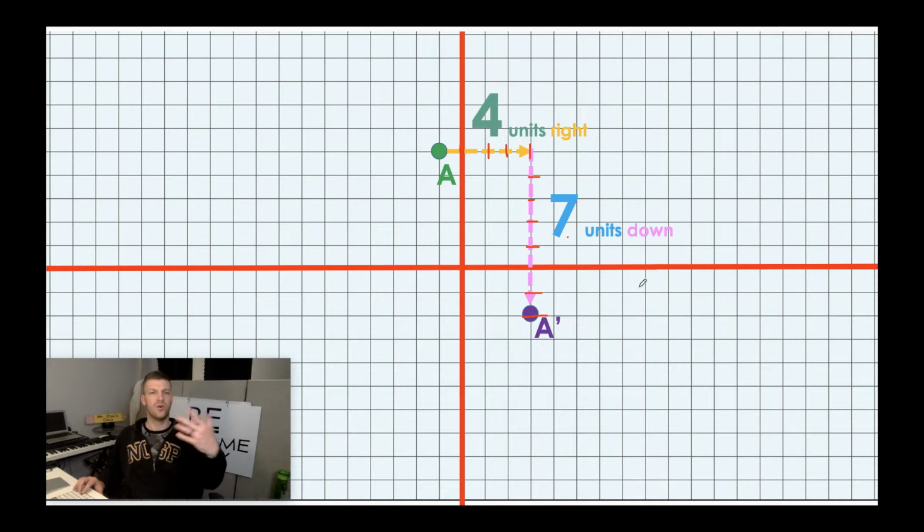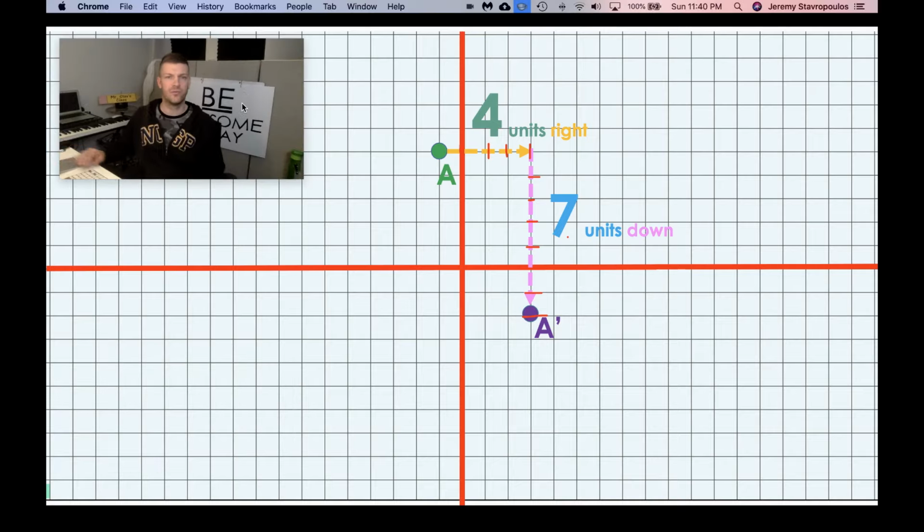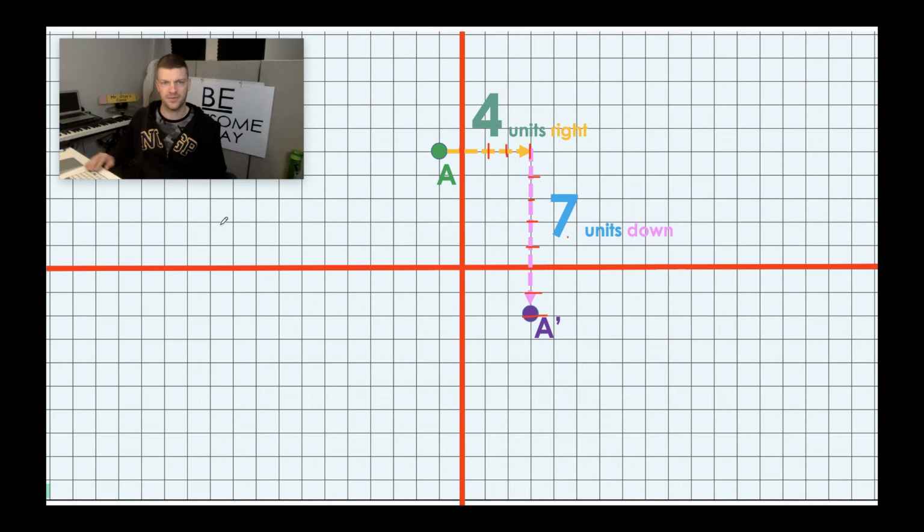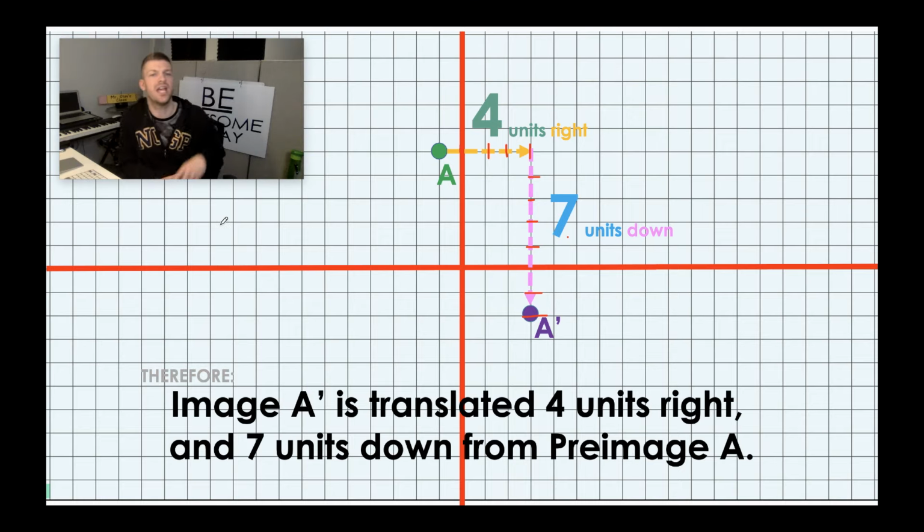So our summary statement, we could say, therefore, image A prime, the new image of A, is translated 4 units right and 7 units down from pre-image A. That's a lot to say. Image A prime is moved 4 units right and 7 units down from its original pre-image A.